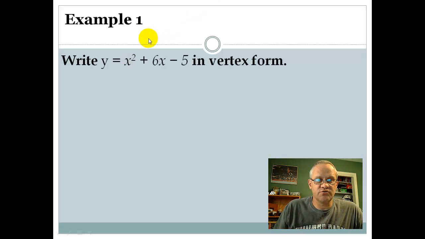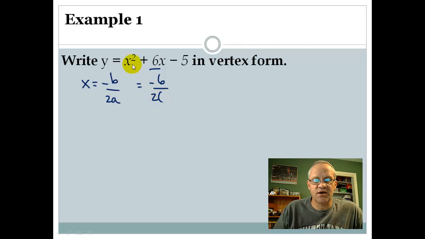So here's what we do. Remember our good old friend here back from a few lessons ago, x equals the opposite of b over 2a. Remember that? We're going to use that again. All right, so we're going to just plug stuff in here. And so in this case, b is what? 6. So this is going to be a negative 6 over 2 times a. A is 1.